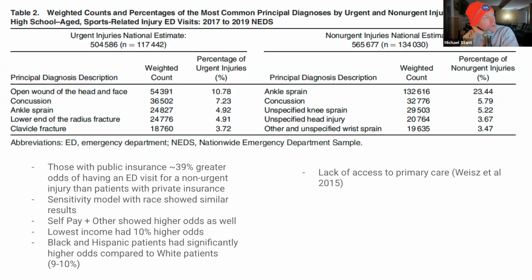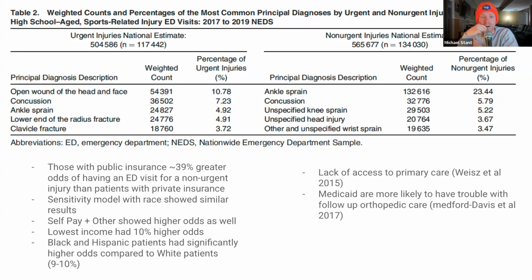So what it points out is the reason why it's lowest income and public insurance, right? Lowest income typically has public insurance. The reason why this happens is that they lack a little bit more access to primary care, and they're also more likely to have trouble with follow-up orthopedic care.